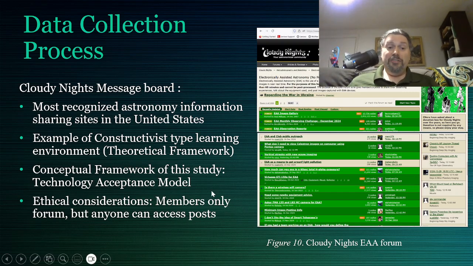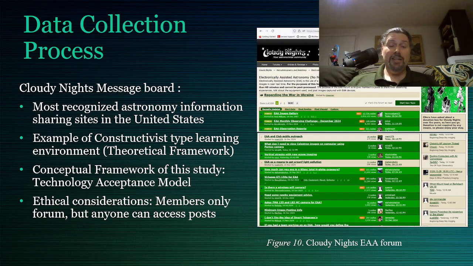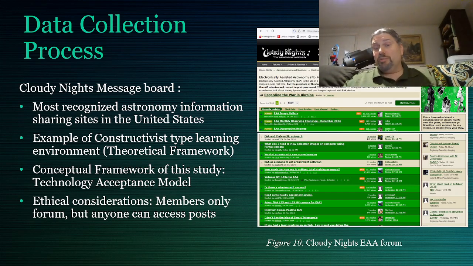So the conceptual framework is the technology acceptance model. The TAM was first introduced in the mid to late 1980s by someone named Davis, and there were two aspects of the TAM: ease of use, how easy is it to use the new technology, and perceived usefulness, basically how well does it perform.